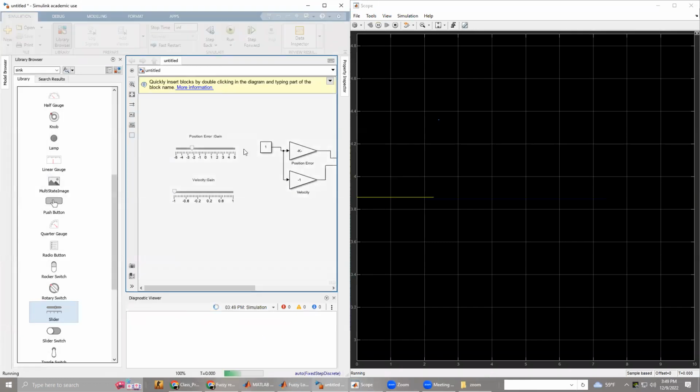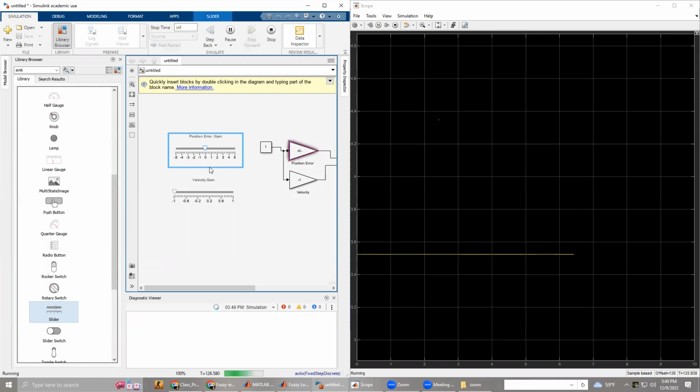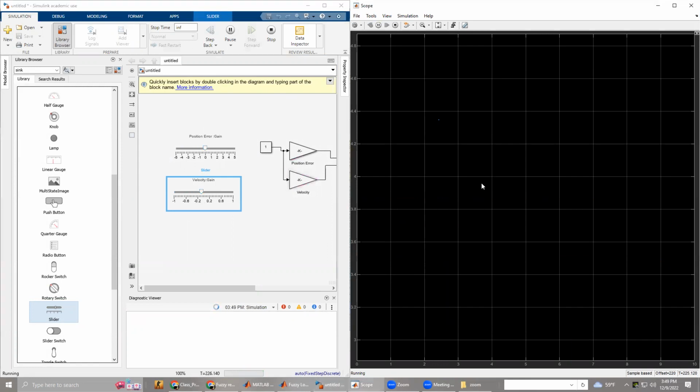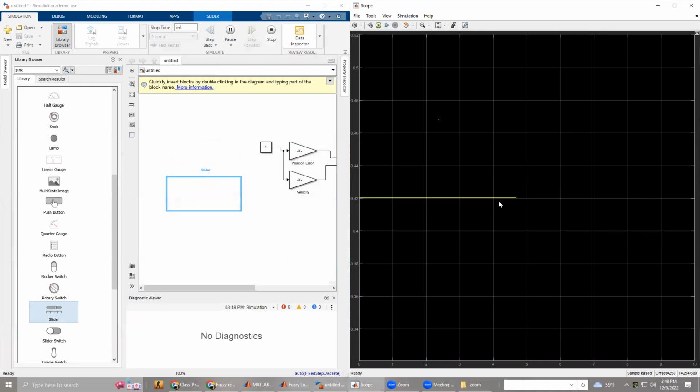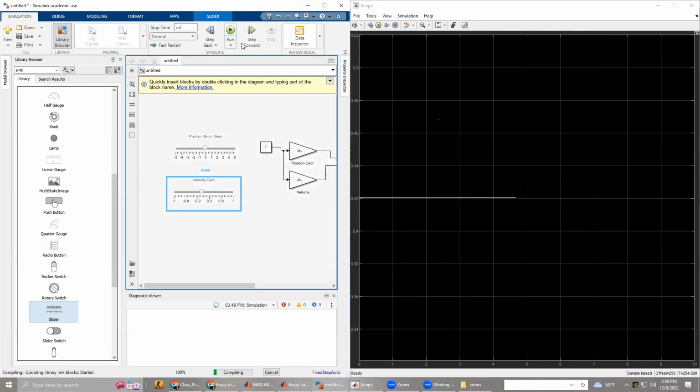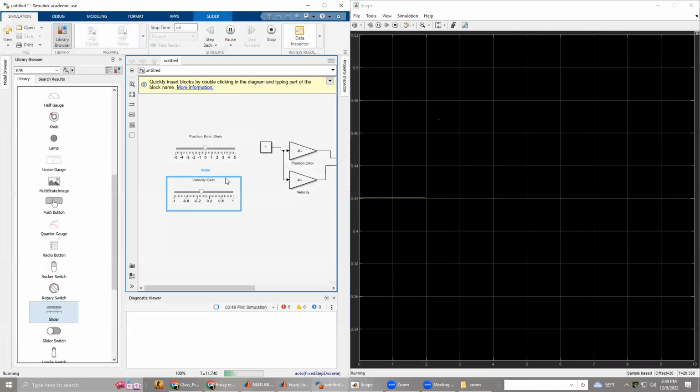Running the program, we can mess with the sliders and get to a case where the robot is where it should be. Changing the position error to close to 0 and the velocity of the robot close to 0, we should be able to see that the robot is doing close to nothing.